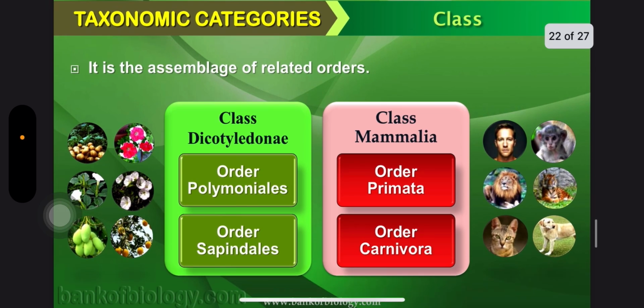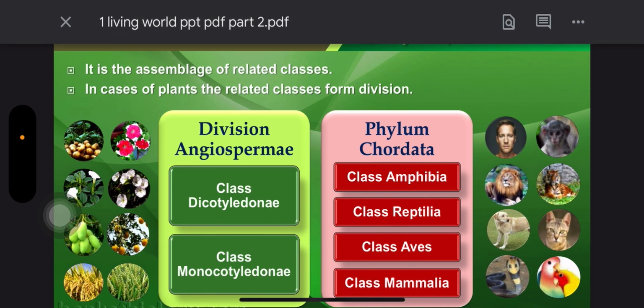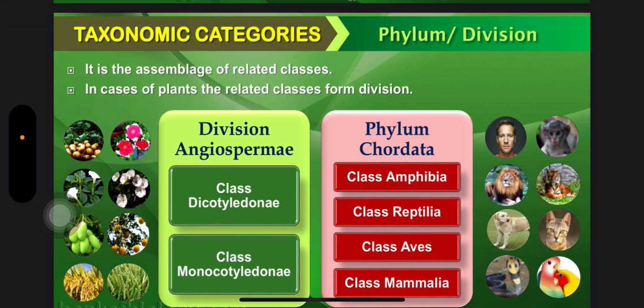And now the class. It is the assemblage of closely related orders as a class. Class Dicotyledonae: orders Polemoniales and Sapindales together form one class. Primata and Carnivora come under the class Mammalia in animals. Phylum is for animals, as we said, and division for plants. Phylum is the assemblage of related classes.